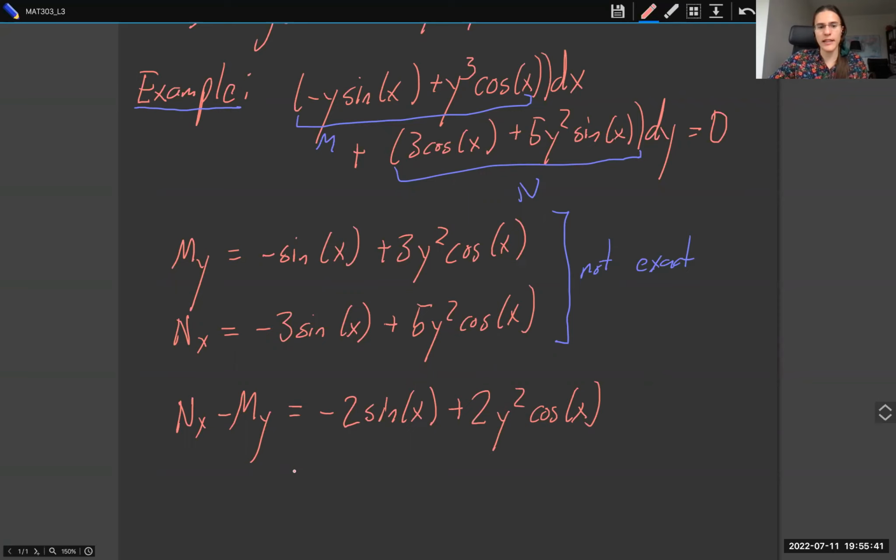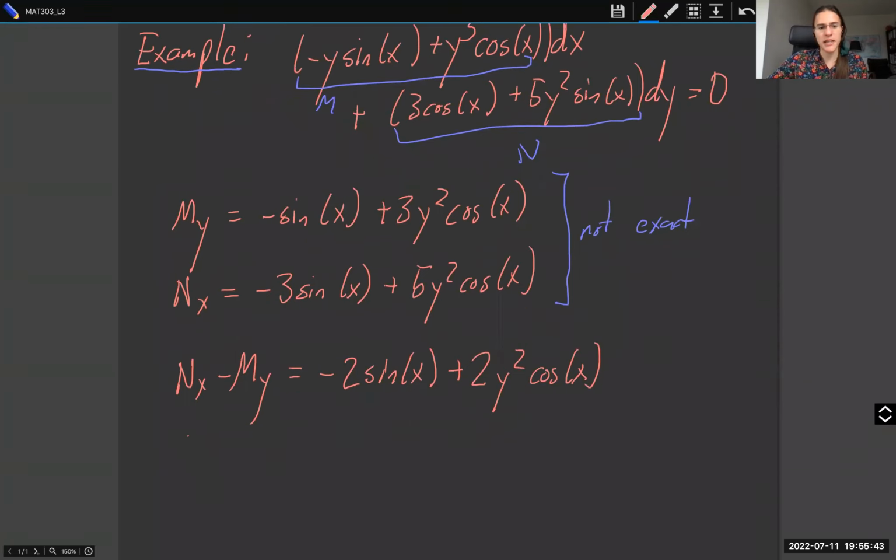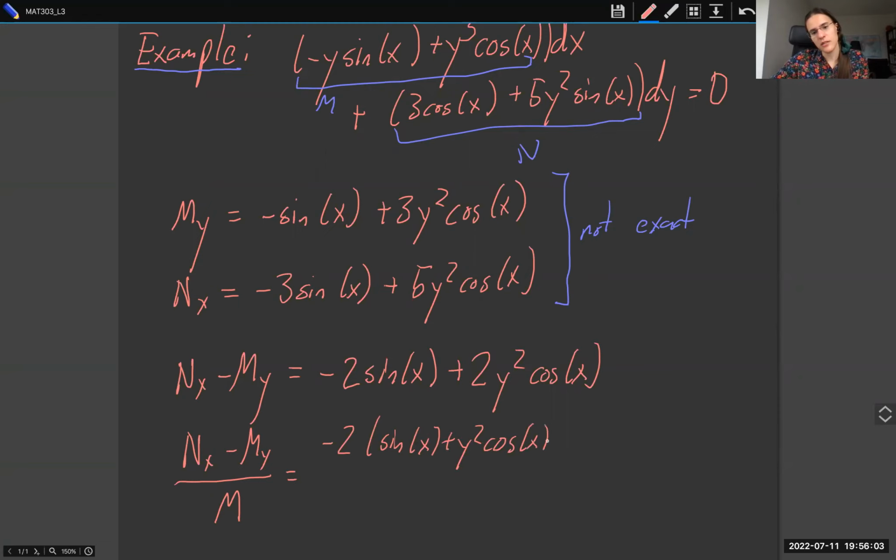So I can also rewrite this as N_x minus M_y divided by M, positive M in this case, is minus 2 sine x plus y squared cos x divided by, and then I can factor a y out of this.